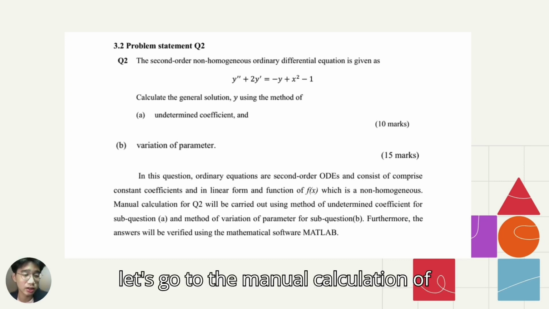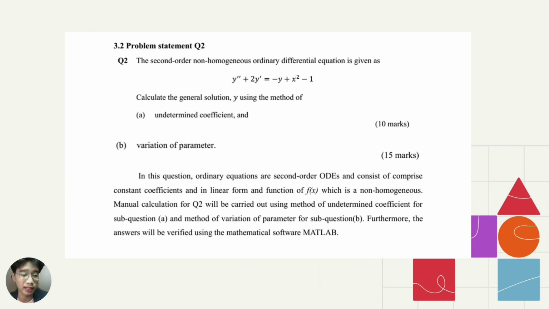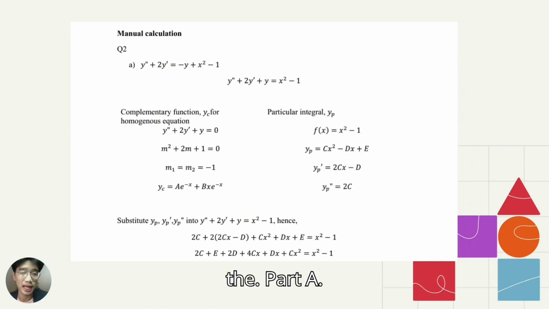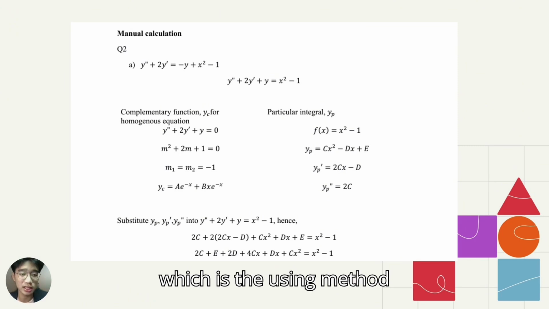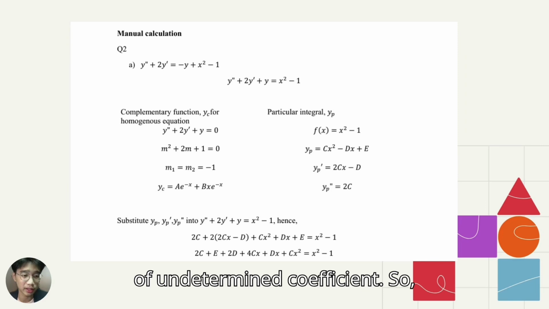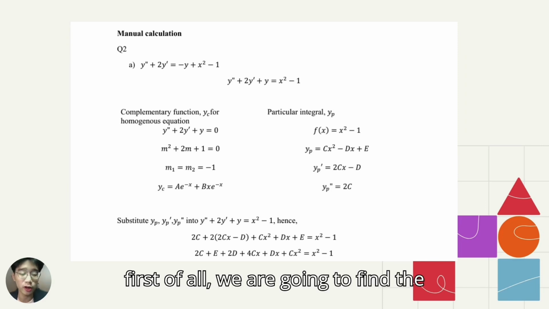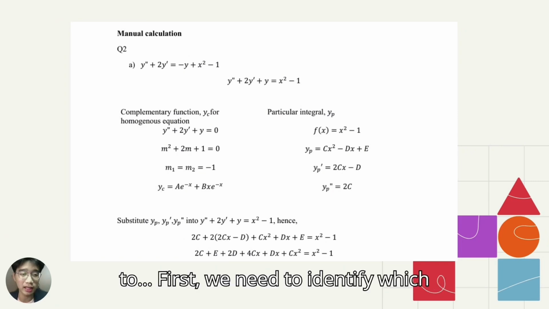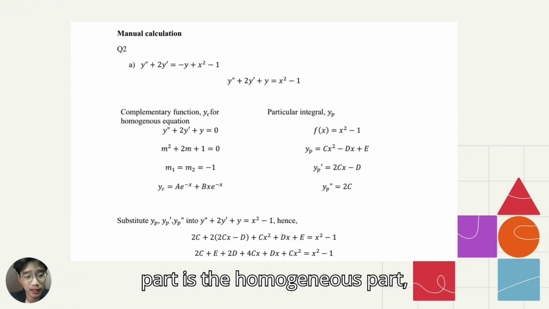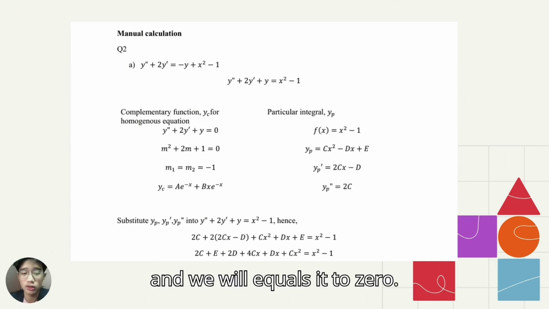Next, let's go to the manual calculation of part A, using the method of undetermined coefficients. First of all, we are going to find the complementary function. We need to identify the homogeneous part and equate it to 0.